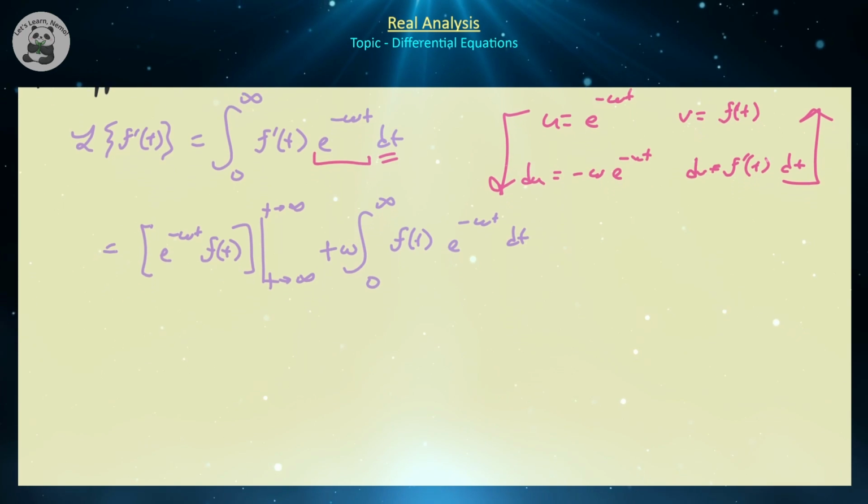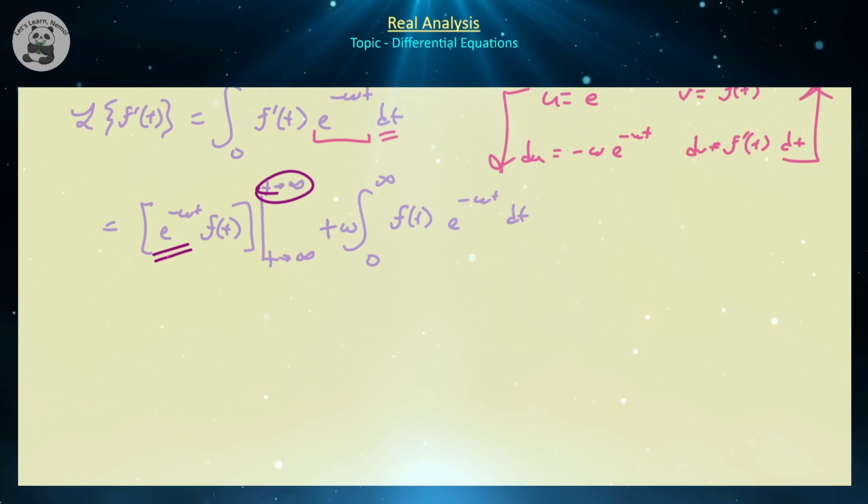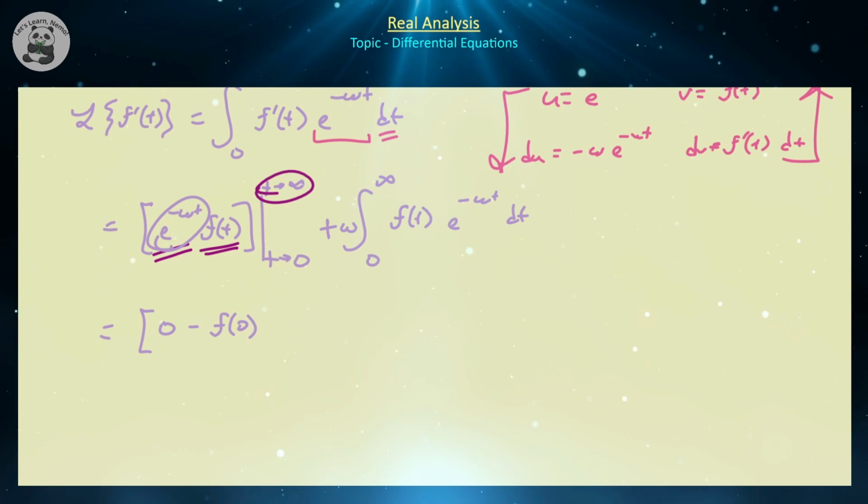Once we have this, when we go to infinity, notice that the exponential is going to go to 0, and obviously that's true because f is of exponential order, so it's technically in some sense bounded. So that definitely is going to go to 0. And that bottom limit shouldn't say infinity, it should say 0. As t goes to 0, that term goes to 1, and then we're just going to have f of 0. So we're going to have 0 minus f of 0.